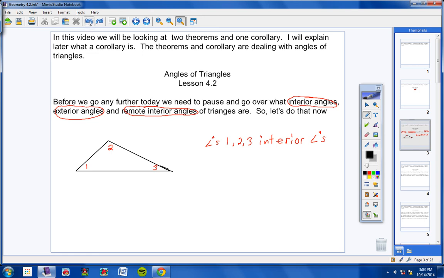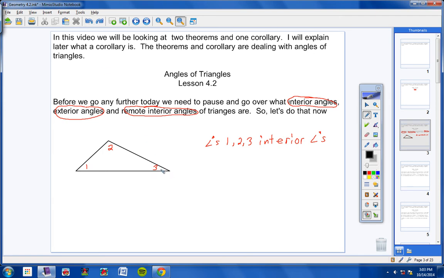At this vertex over here, we could extend one side, and there's an exterior angle. Or we could extend this side here, and there's my exterior angle. Anytime you take a side from a triangle and extend that side, you have an exterior angle.